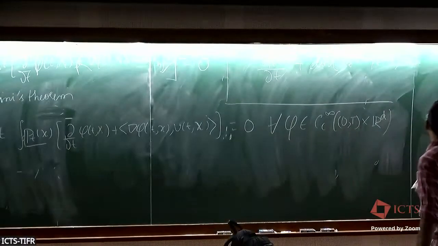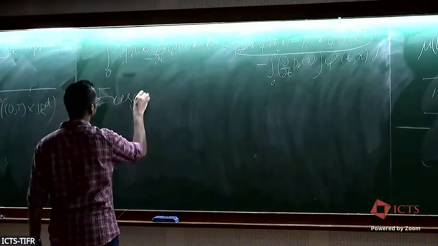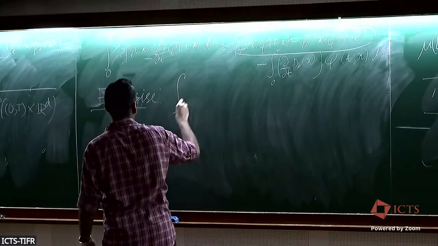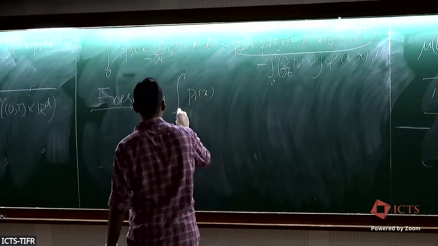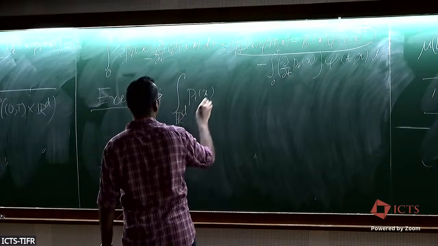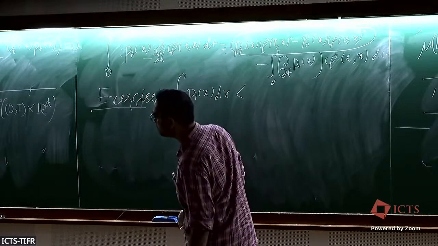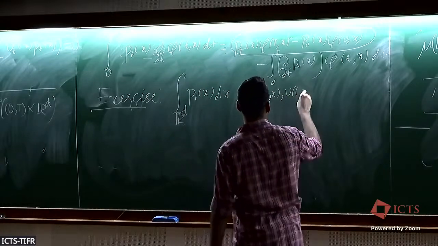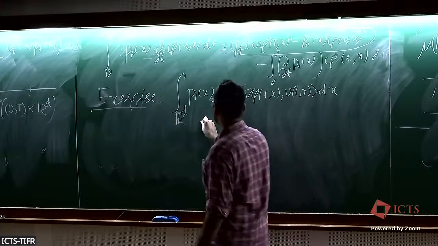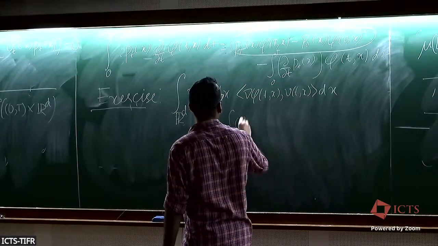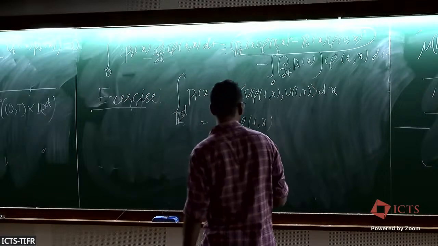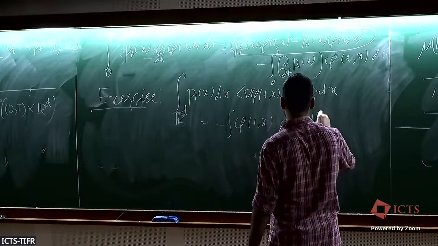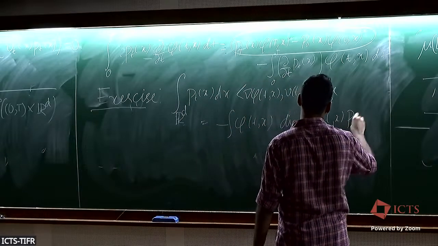Then I'll leave this as an exercise to you guys, which you can hopefully complete for tomorrow, which is the integral of pt(x) over R^d dx times the gradient of φ(t, x) · v(t, x) dx. This must be equal to the integral of φ(t, x) times minus the divergence of v(t, x) times pt(x).